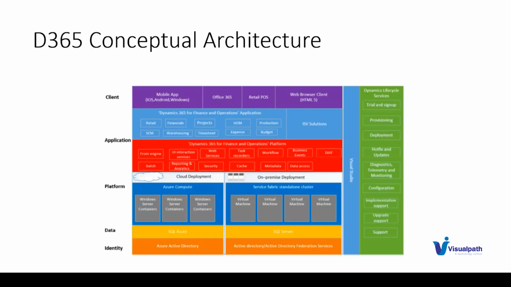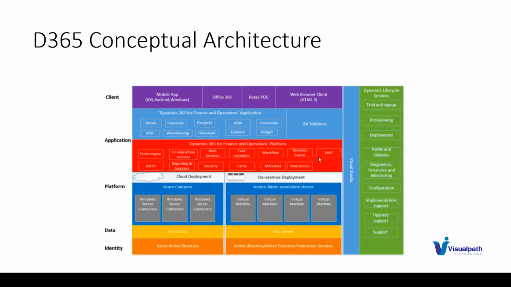Some are, if you see, the batch framework, which is usually used for auto-scheduled batches. Then web services for interacting with other applications. Then you have workflows for the approval processes. Business event is again a different area, where it is used as a trigger to run integrations particularly, or to send notifications.